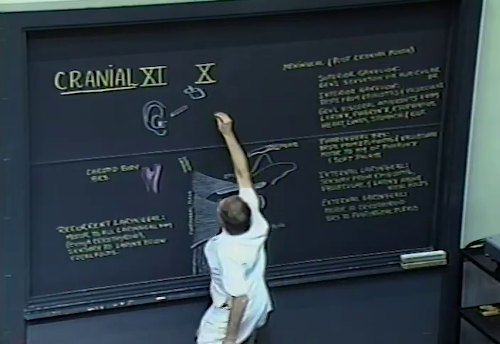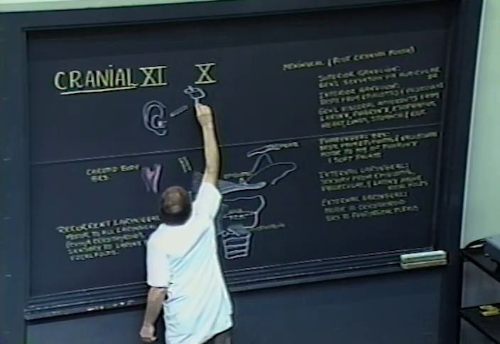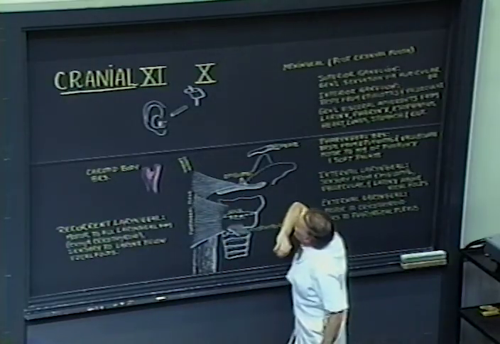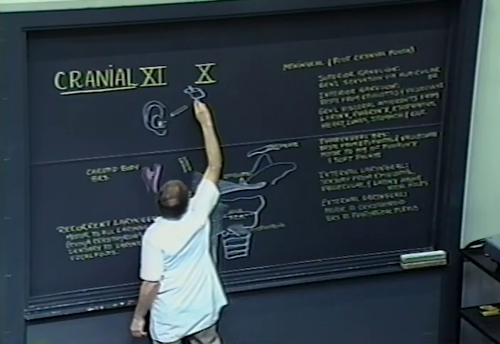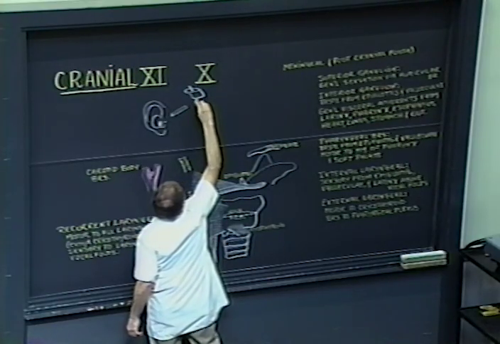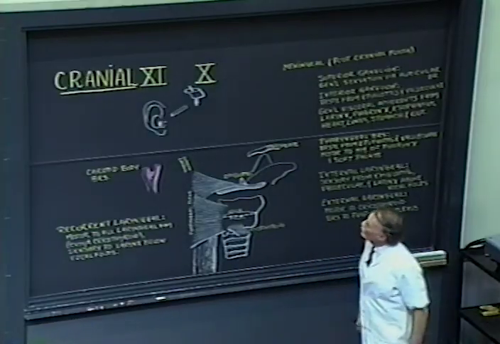10, yes, right. 10 just below the jugular foramen has an itty-bitty little ganglion. It's a cute little ganglion. In fact, I don't think I saw it this year. People held it from me.